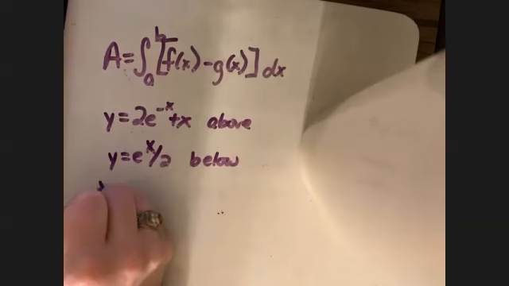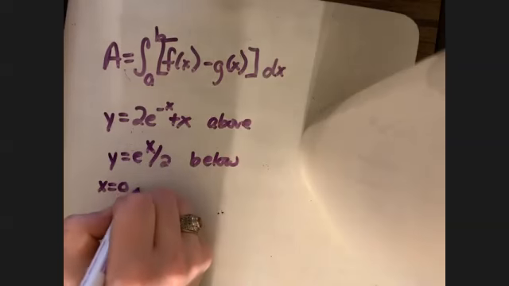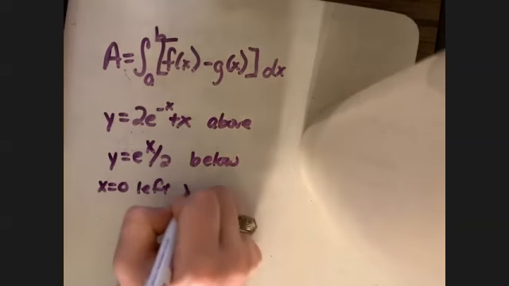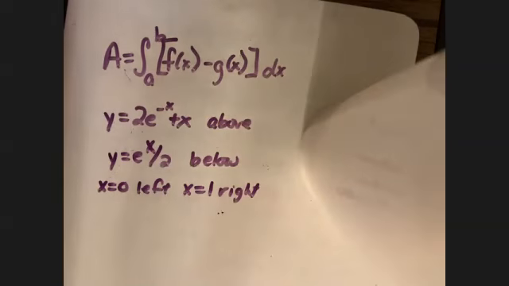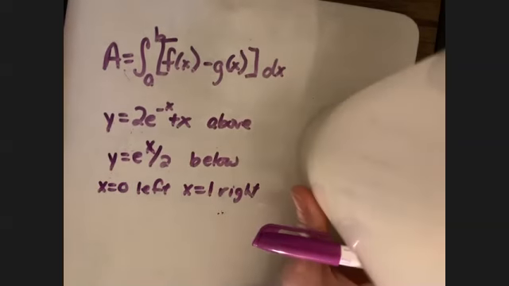And then we're going from x equals 0 on the left to x equals 1 on the right. So let's see what we can hash out with this.